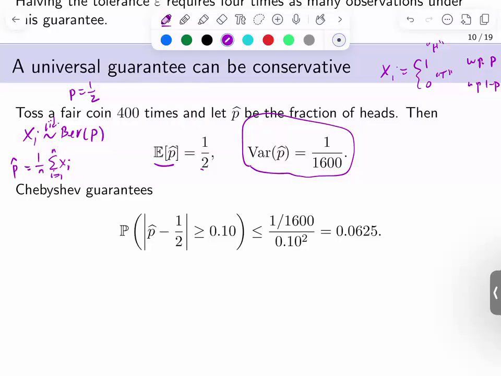Think a little bit, see if you can. Anyone remember the resulting formula?